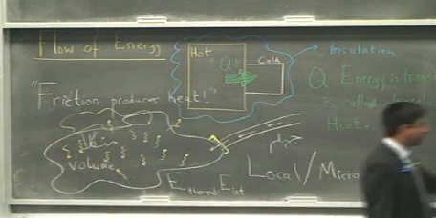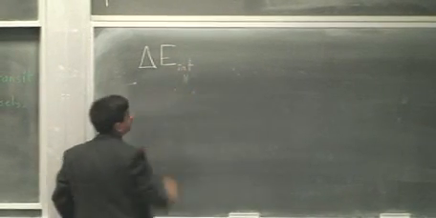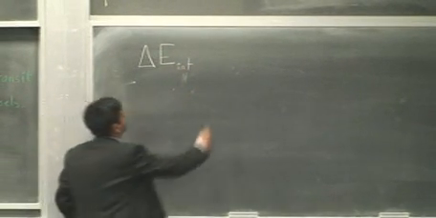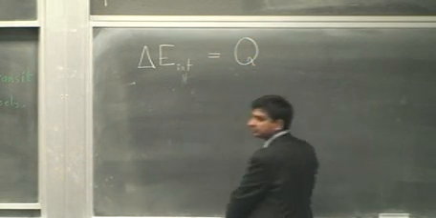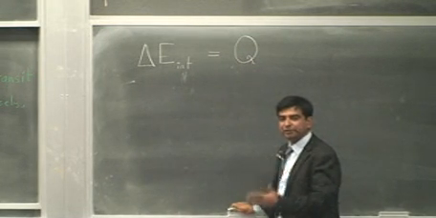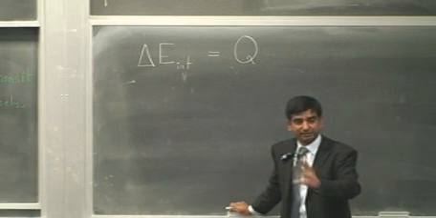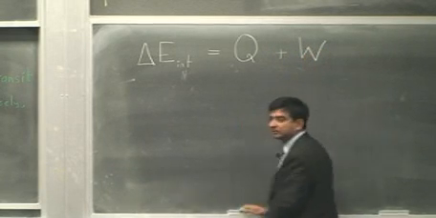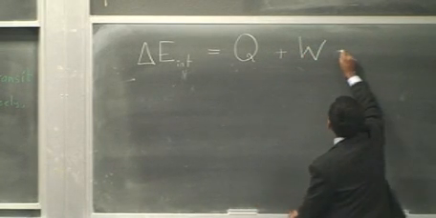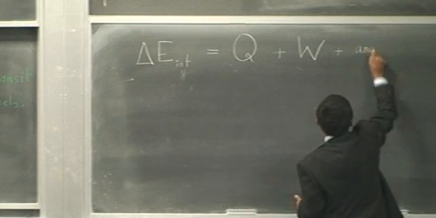So we have a relationship: the change in the internal energy is due to the sum of microscopic work, or energy that flows into or out of the system by virtue of microscopic work, which we generally call heat, plus the macroscopic work, plus any other forms of energy transfer.